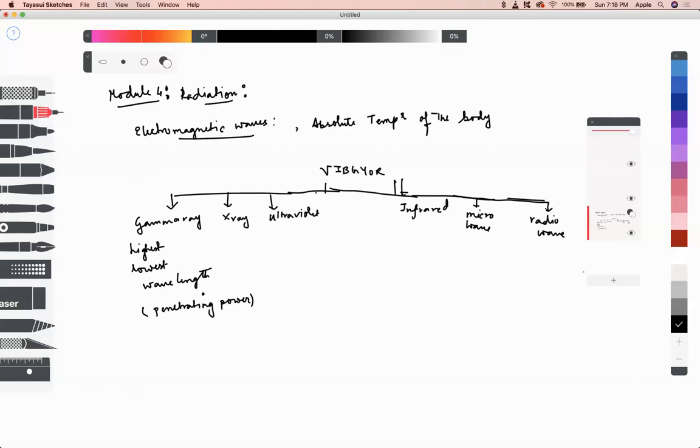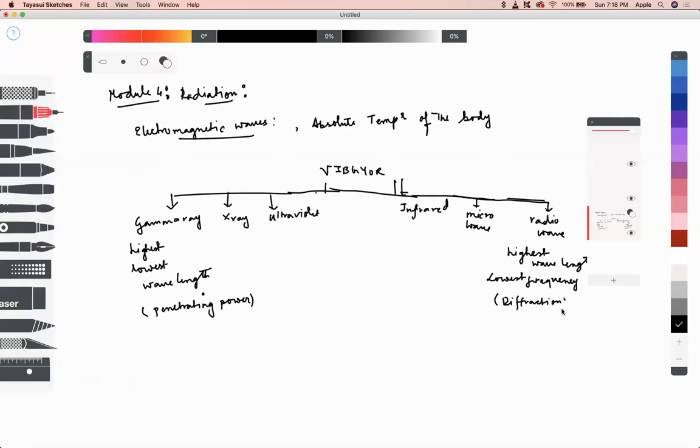Whereas if you see the radio waves, they have the highest wavelength and lowest frequency, so they have larger diffraction.